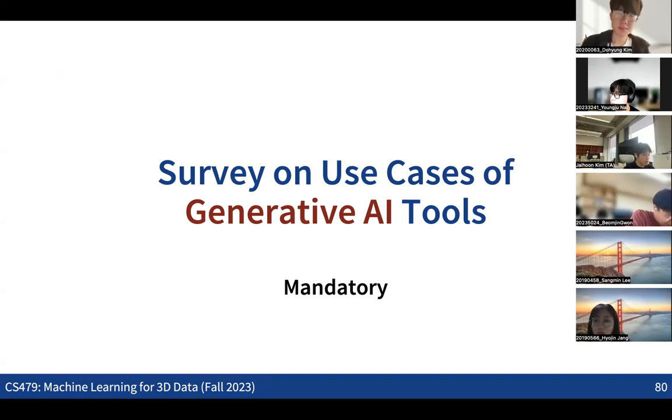So I would like to ask how helpful these generative AI tools were for these tasks. Please participate in the survey. Our team just posted the link for this survey. Any input will be really helpful for the next time of this course.